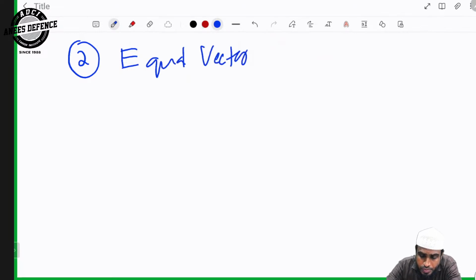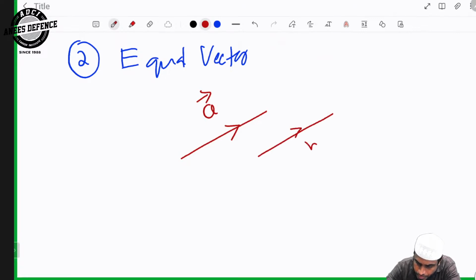Equal vector means here you can see one vector A, another vector B. If I am checking the magnitude, meaning the length of this segment, we can call it the magnitude of the vector.